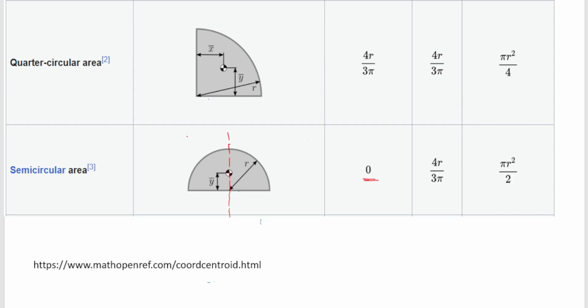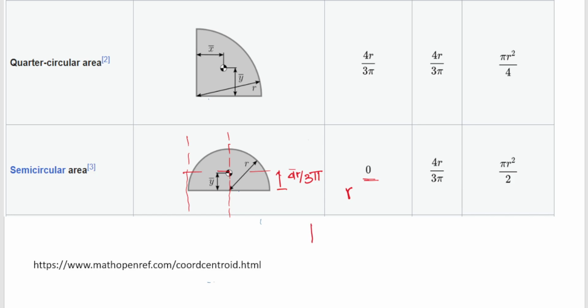But if you are taking this distance as the extreme side, left side or right side, this distance is going to be r. And in the y direction, this value is given as 4r by 3 pi. Now remember, this value is not constant; for a semicircle the y bar is going to be 4r by 3 pi.